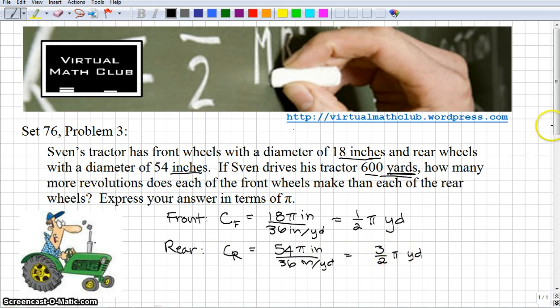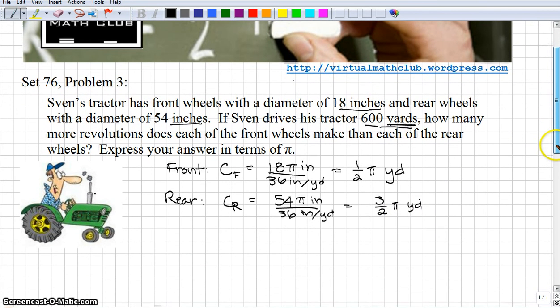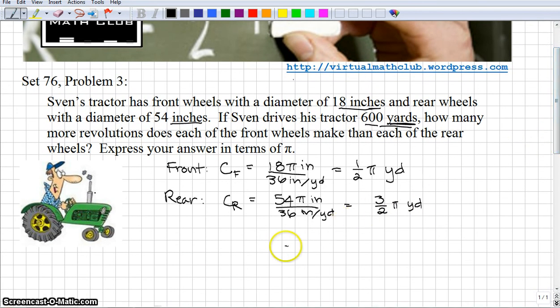Okay, so now let's see how many revolutions each of these wheels make when we travel the 600 yards. Let's first just do the front wheels. We're going to travel 600 yards, and we know that there are 1/2 pi yards traveled for every revolution of the wheel.